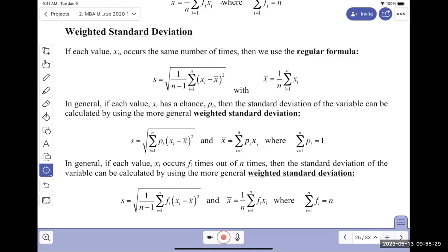What if the data don't come with weights, but they come with frequency. When I come to the point where I divide, I have to do the n-1. Unless I know the data is population data, I have to do the n-1. That's the only catch there.